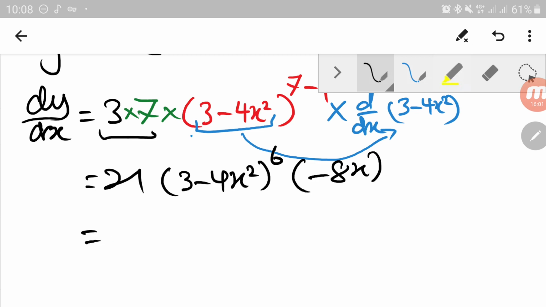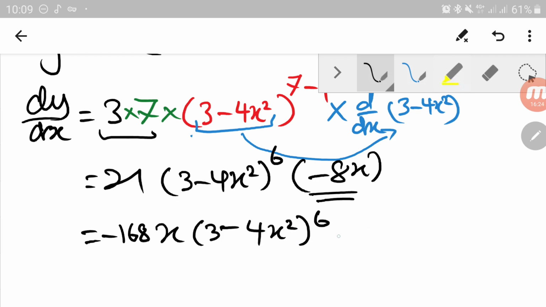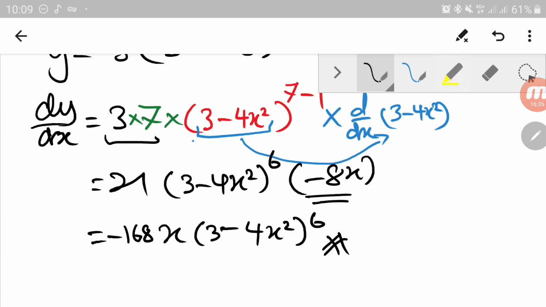Okay, and then we multiply this one. We can make it nicer by multiplying minus 8 by 21, which is 168. So minus 168x times 3 minus 4x squared to the power of 6. So this is the differentiation.